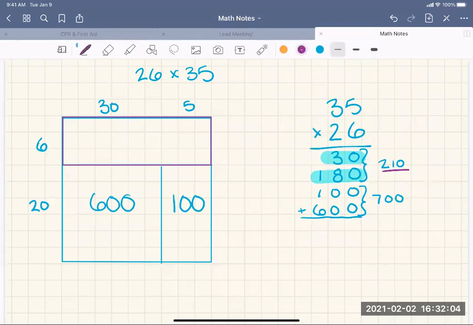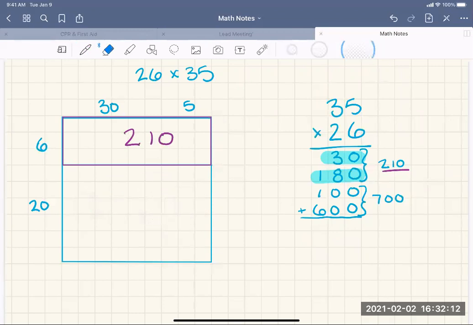Okay, so 210. And then the bottom piece down here is going to equal, that's 20 times 35, which we see here. Actually, let's use a different color. That's going to be 700.